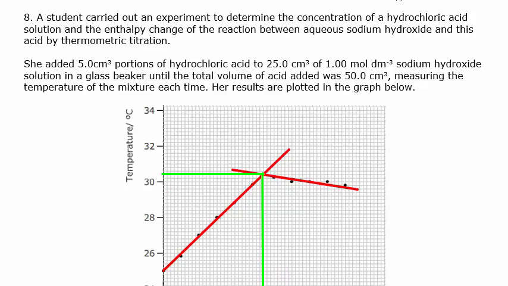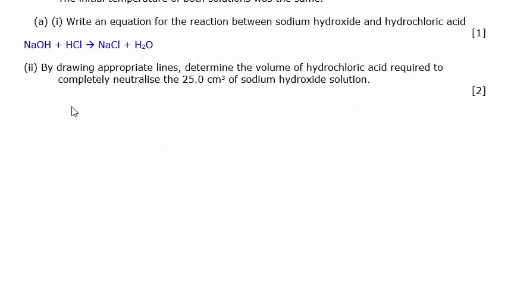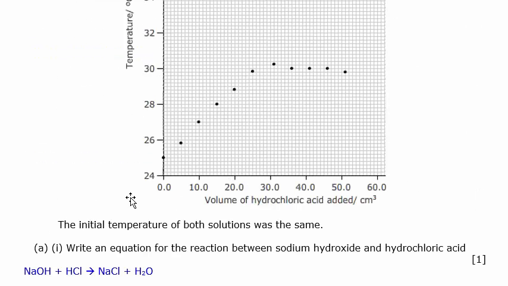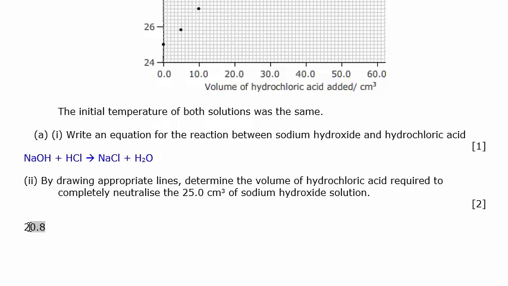Right, so 20.8 and 30.4 by drawing the lines. It's 20 point, is that 20.8 or 28? It's 28, it's not 20.8, it's 28 centimeters cubed. 28 centimeters cubed of hydrochloric acid is needed to completely neutralize.